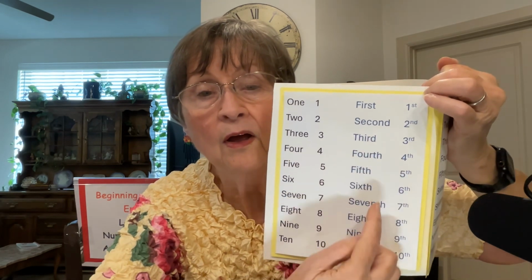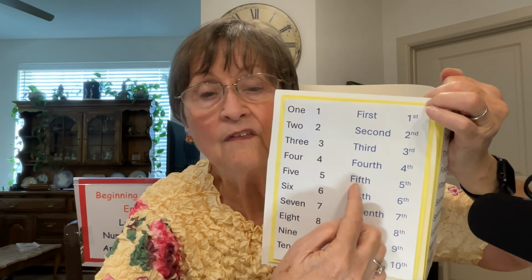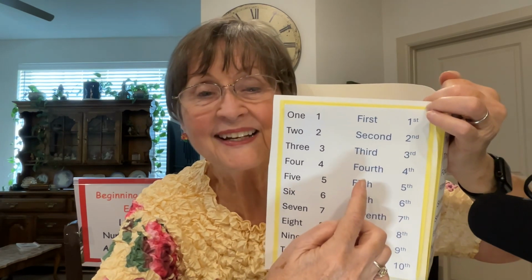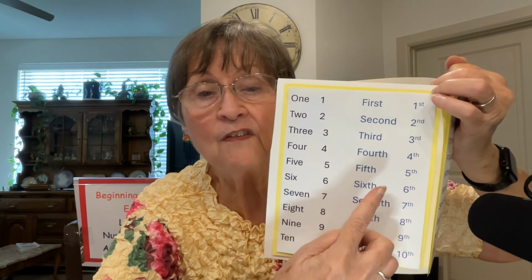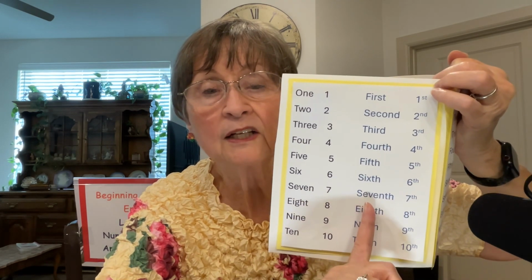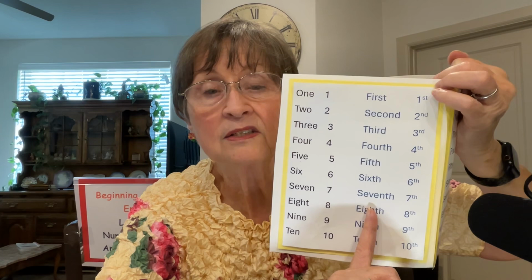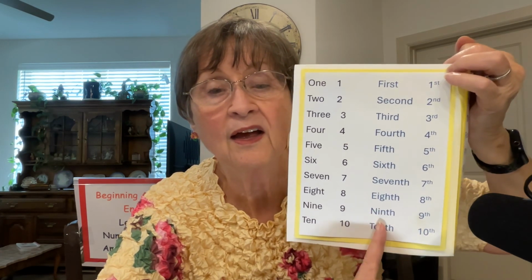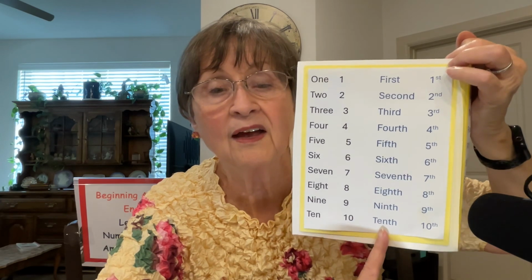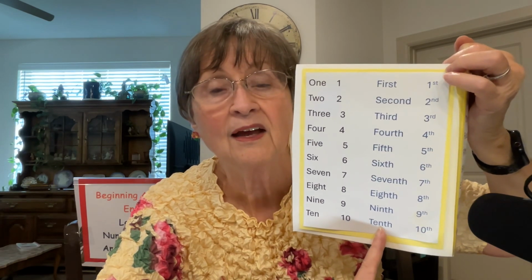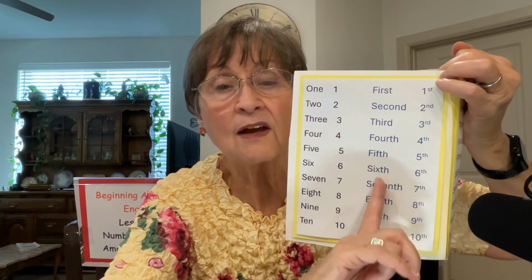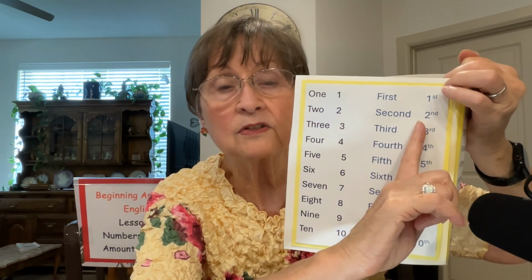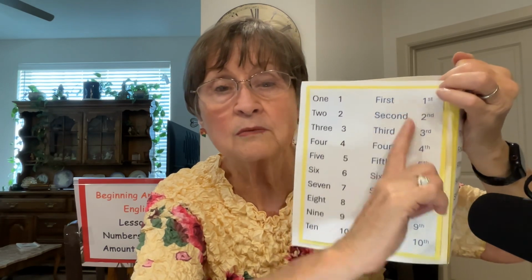Fourth, fifth. Fifth was too hard for us, so we made it fifth. Sixth, seventh, eighth, ninth, tenth. So all of these just have the TH and they're written with the TH. But first, second, third are special.